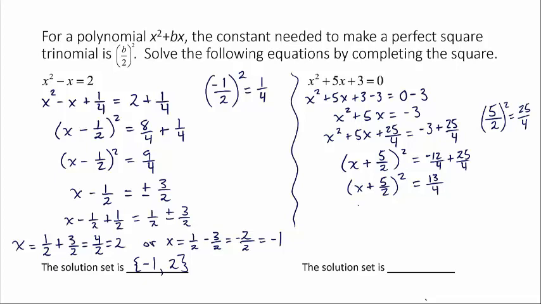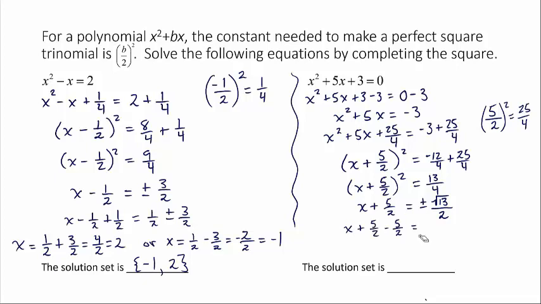When we take the square root of both sides, we'll have x plus 5 halves equal to plus or minus the square root of 13 over the square root of 4. You're taking the square root of 13 over 4, but that's equivalent to the square root of 13 over 2, since the square root of 4 is 2. Then I'm going to subtract 5 halves from both sides.